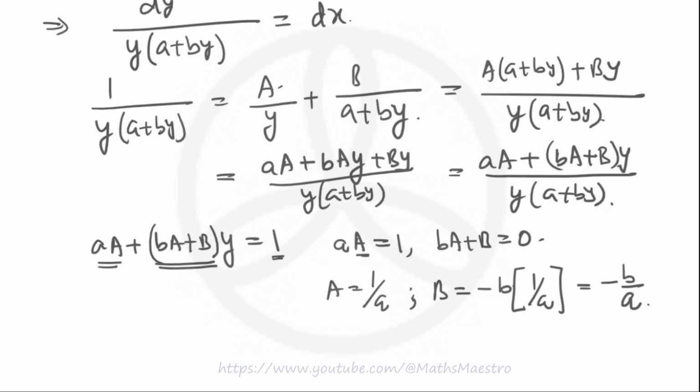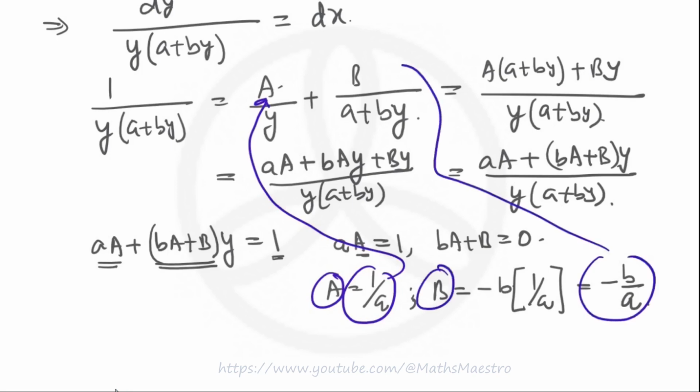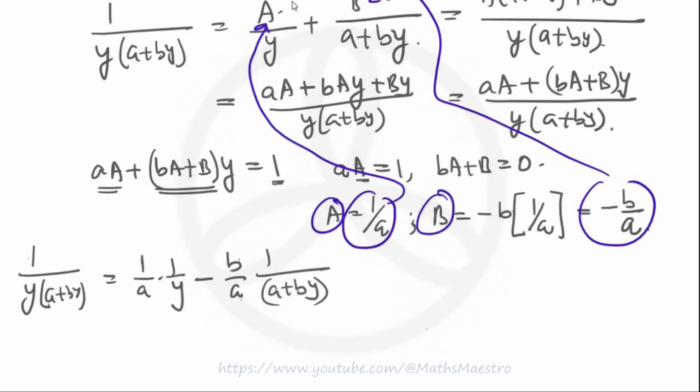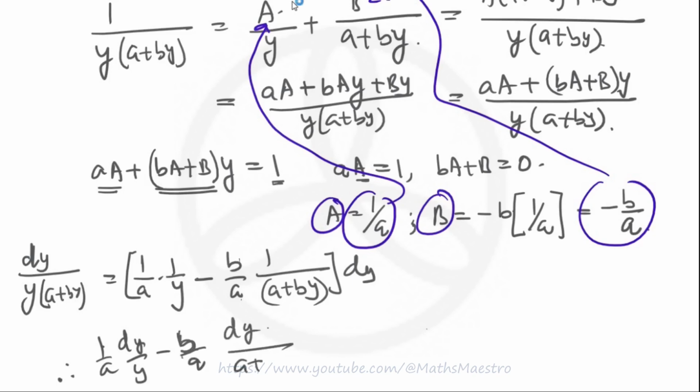Then what shall we do? We need to substitute this A, which is this one, at this place, and B, which is this one, at this place. It means dy we can write as dy here. Therefore we have 1 by a dy by y minus b by a times b dy upon (a plus by) is equal to dx.